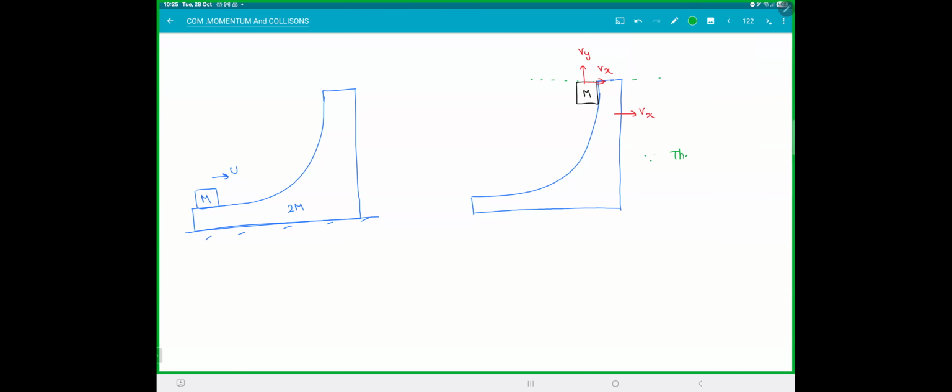Since they are in contact, they must have same velocity along the normal. So this is the normal. This comes from rigid body constraint. If two bodies touch each other, then the velocity along the normal must be same.